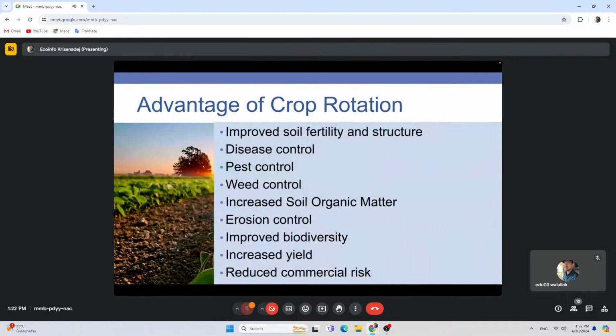Next slide, please. The advantages of crop rotation are improved soil fertility, disease control, like cutting down the pest cycle, pest control, increased soil organic matter, and control of soil erosion. Most people don't think about the benefit of increased biodiversity, because you plant different things each year.